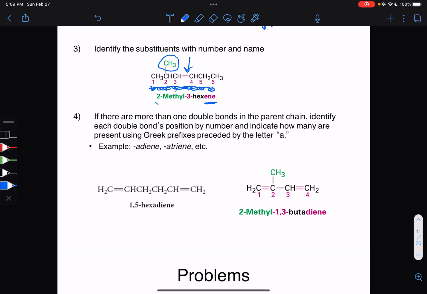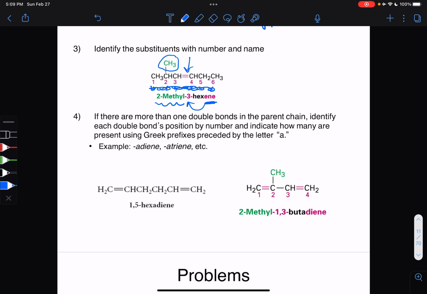So we've got a methyl group on carbon 2, and then 3-hexene. So the ene is telling us we've got a double bond. Where is it? Well, it starts on carbon 3 and it goes to carbon 4. So that's what that name is telling us. Oh, and the hex is telling you you've got 6 carbons total. Alrighty, moving on to number 4.